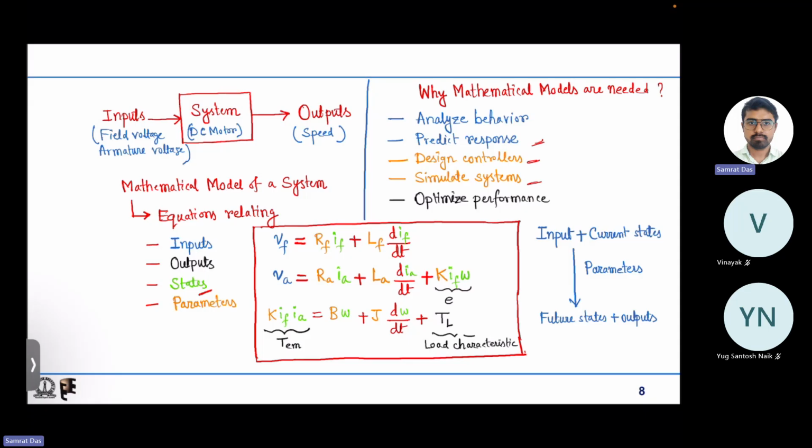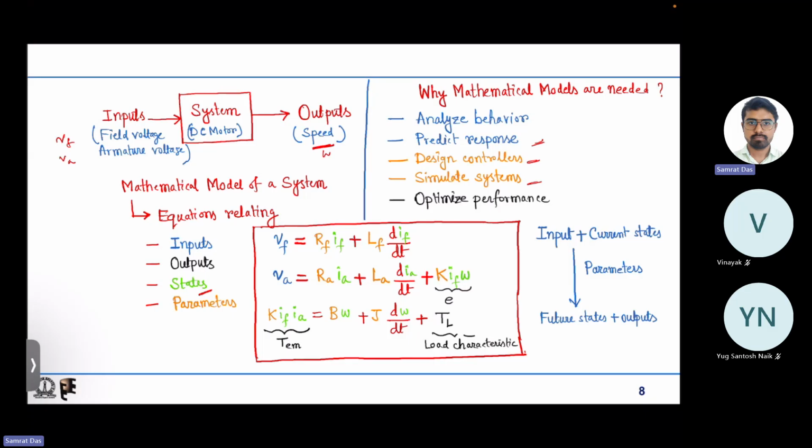And also to optimize performance. Suppose we need some output, but we have different sets of inputs which can lead us to the same speed. So for example, here we have Vf, we have Va, and we have some speed omega. If the desired speed is within the base speed, then typically Vf is kept constant at the rated voltage, and we only achieve the speed through controlling the armature voltage.